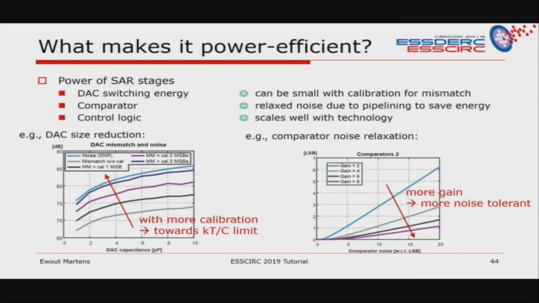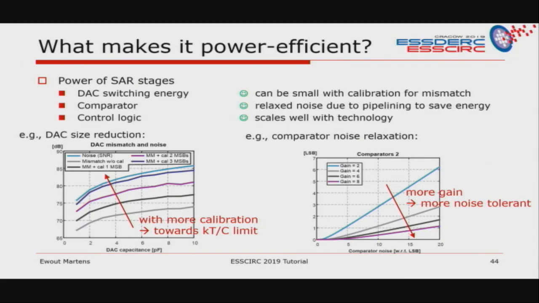First of all, the stages themselves are SAR based, and that energy consists of three main parts. The first is the DAC switching energy. The DAC size is in general set by noise and mismatch requirements. The mismatch can actually be neglected if you calibrate it out, and then you're just setting it with the noise requirements, which in general are less stringent than a mismatch requirement for these kinds of specifications.